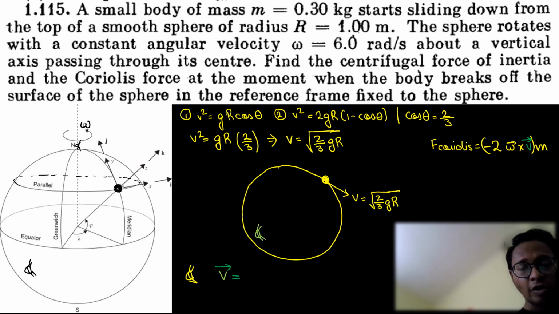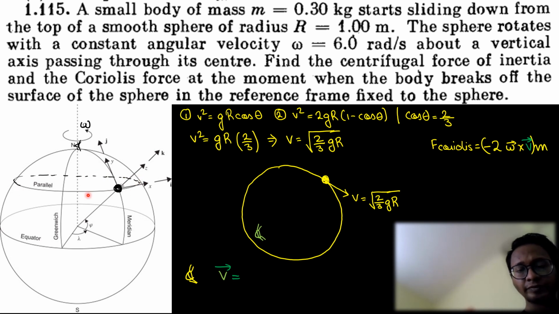The observer sitting on this sphere would see this particle moving in this circle, opposite to the direction of omega. If omega is anti-clockwise, you would see this particle rotating clockwise in this circle.